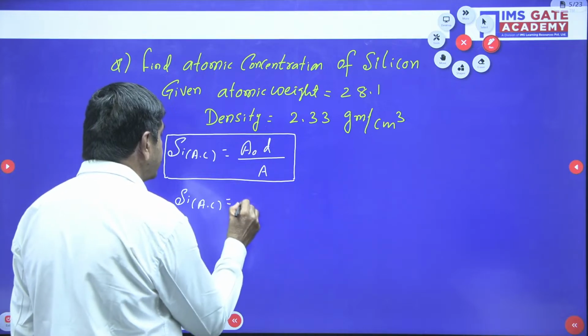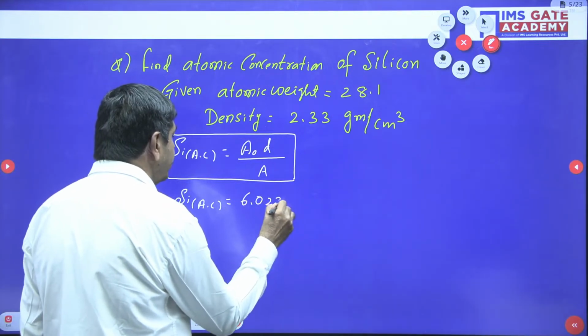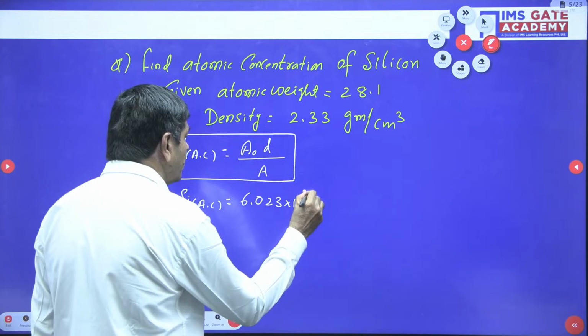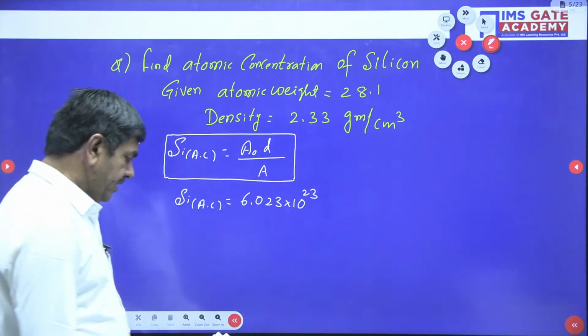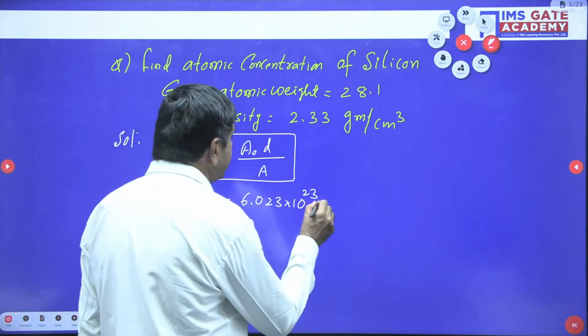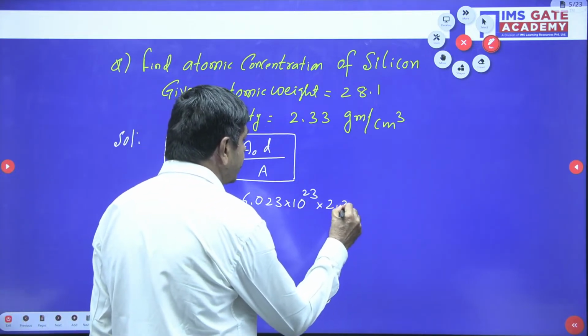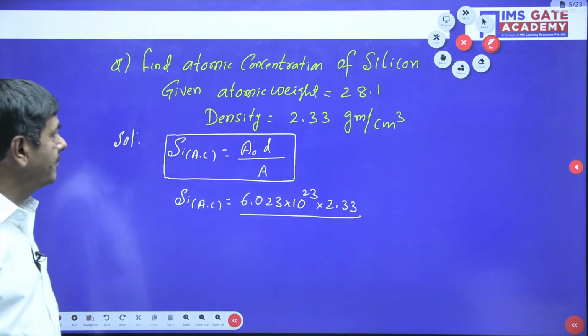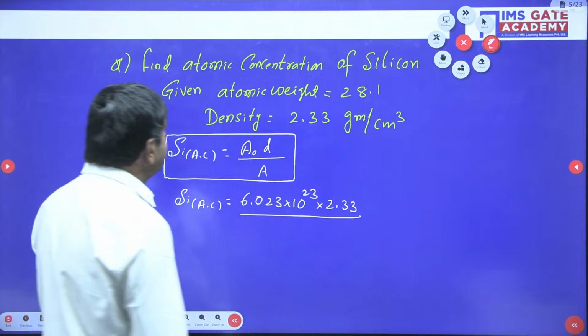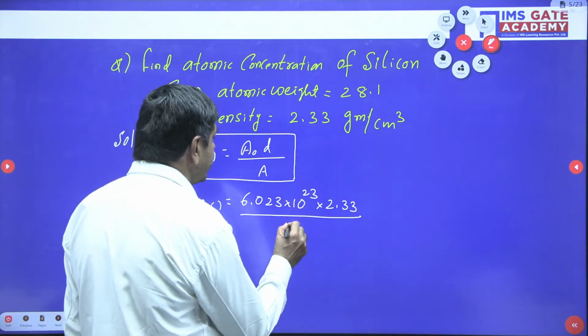A naught is nothing but 6.023 into 10 power 23, a fixed value. Into density, which is 2.33 as given in the problem, divided by A, where A is the atomic weight 28.1.